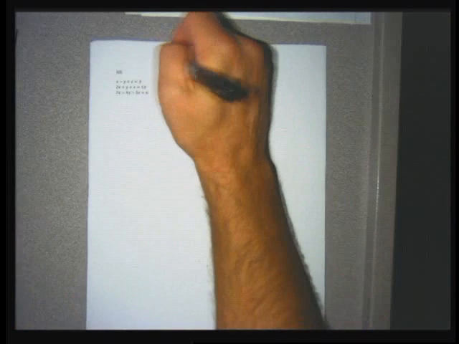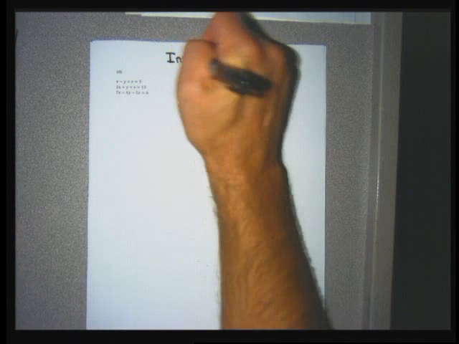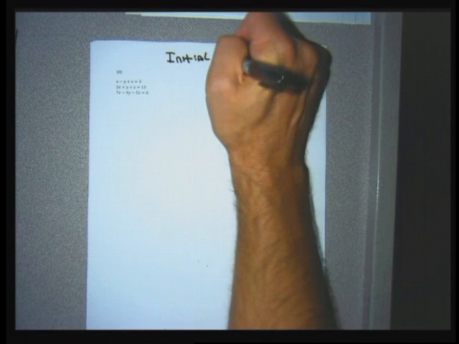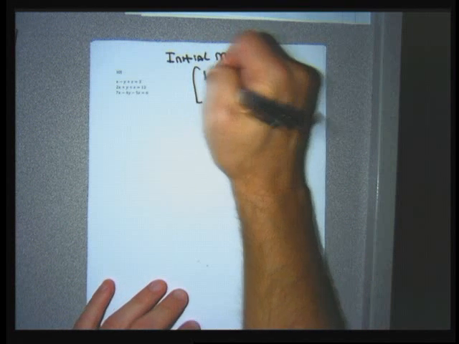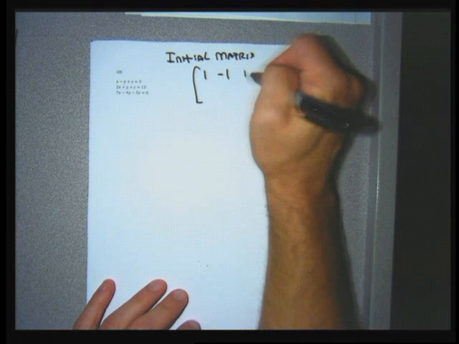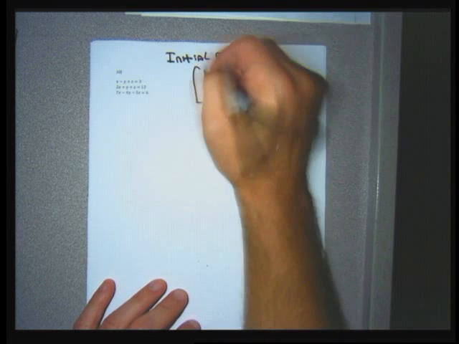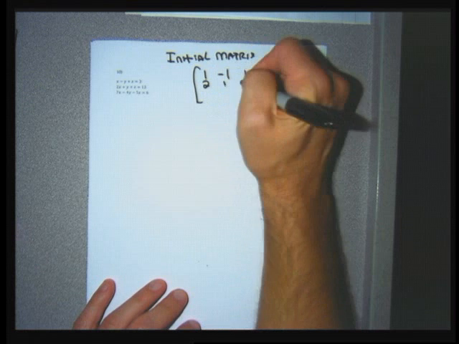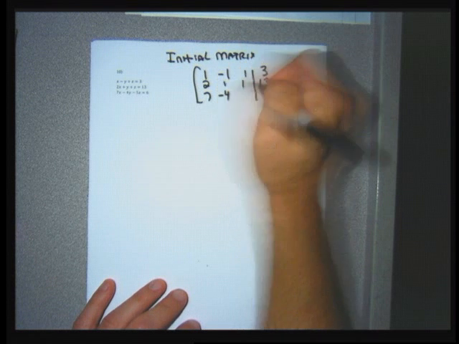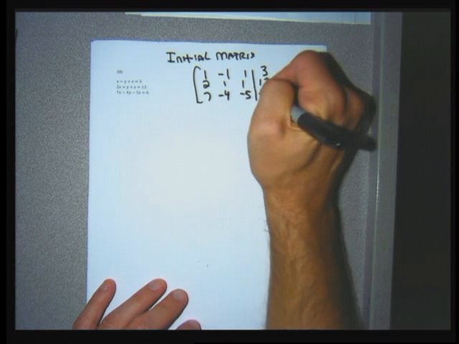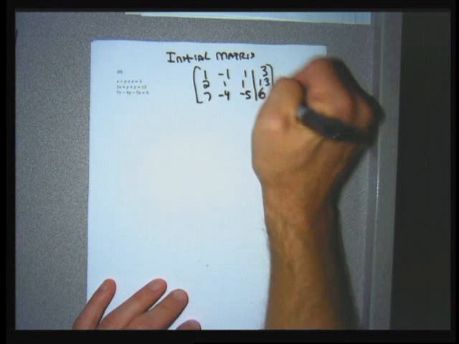And before I break into my calculator, because I'm doing these things by hand, I'm going to write the initial matrix down. The initial matrix is 1, negative 1, 1, 3, 2, 1, 1, 13, 7, negative 4, negative 5, and positive 6.